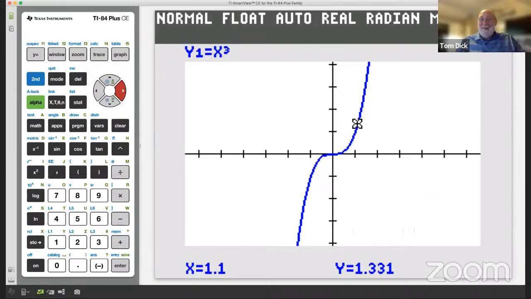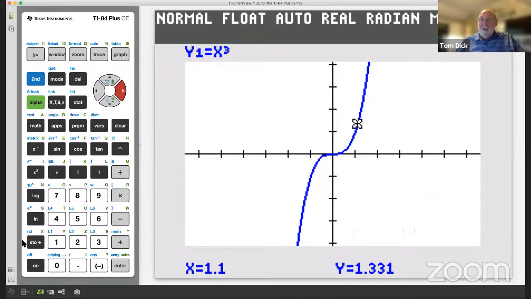We take the 1.1 and cube it, or you can think of 1.1 as being 1 plus 0.1. Expand it out, and you'll get 1.331. And I like to impress on my students, just using those two values, what would be your approximation for the slope? Well, we would take the difference in our y values.